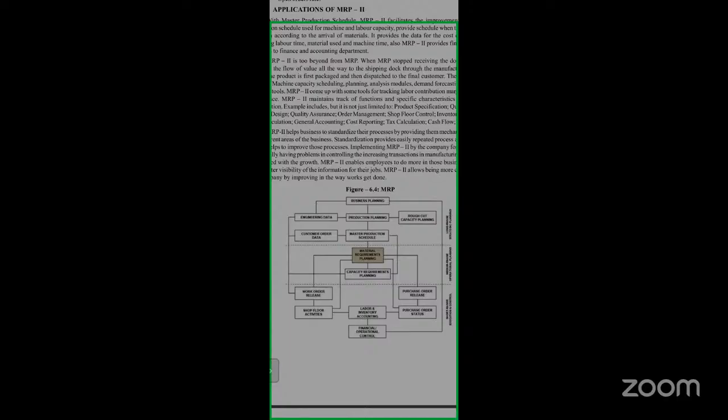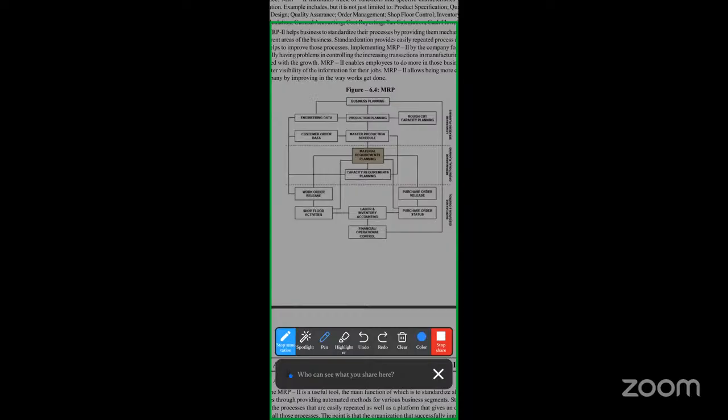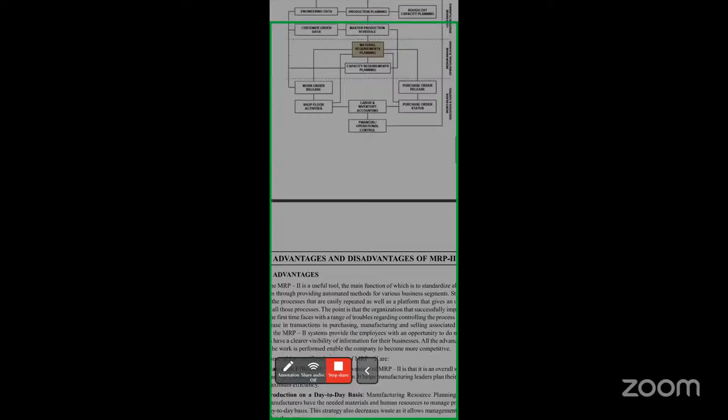The first part is long range strategic, where plans are framed and rules are made. The medium stage is where operational planning is done. And this is the place where the short term plan or the actual work takes place. So in these three stages, MRP II planning takes place.